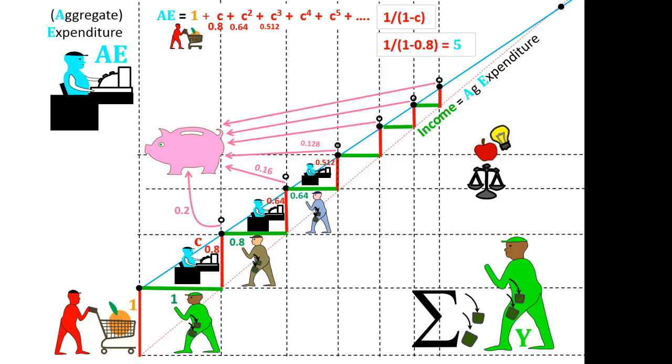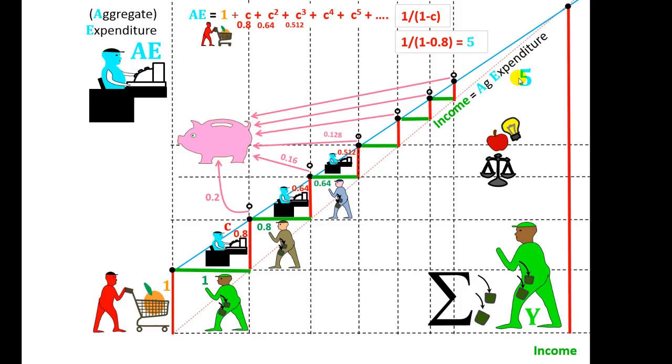So aggregate expenditure is 5, which is this initial consumption plus all of the red vertical lines, which is the induced consumption, induced by this initial consumption. So this is 5. And in equilibrium, this 5 is equal to income, which is also 5, which is this.